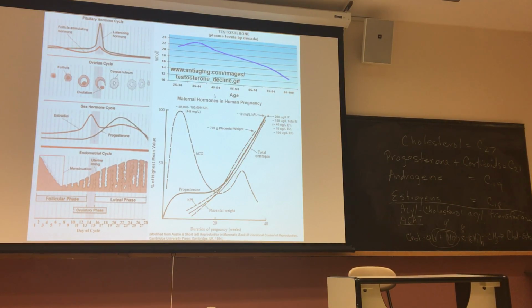We've gone over the fact that steroids change on different time scales, sometimes daily, sometimes over decades, sometimes over weeks. Here's a picture of levels of hormones changing during the duration of a primate, a human pregnancy. And here you see progesterone going way, way up. The estrogens going way, way up.